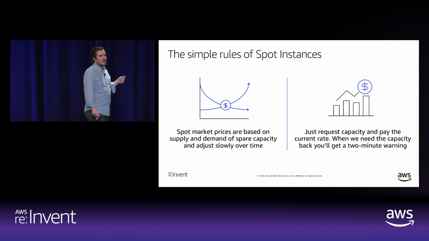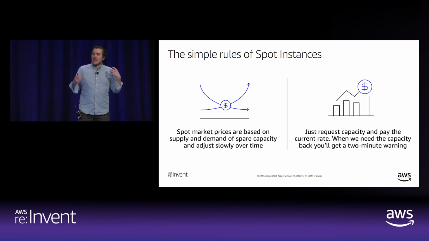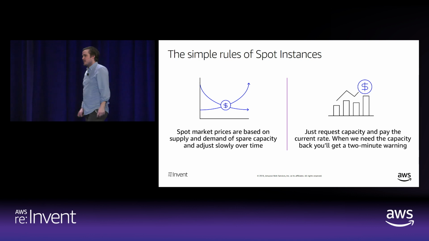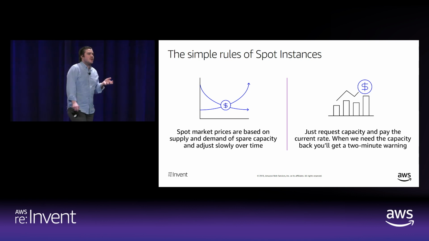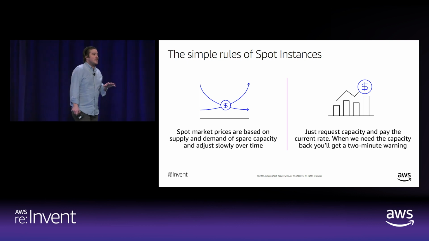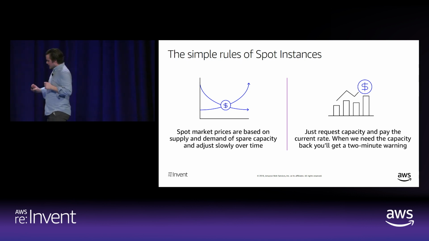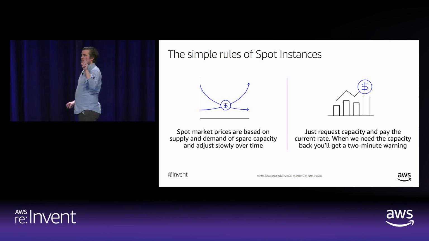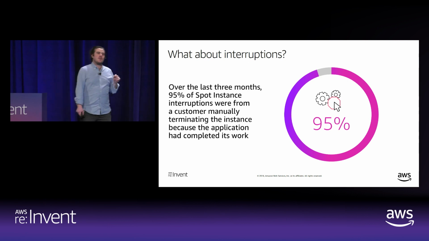So one spot customer cannot kick out another spot customer. You just request, and we give it to you if it's available at up to 90% off the on-demand price. And I keep saying up to. The reality is you're going to save in the range of 70 to 90% pretty consistently with spot instances over the price of on-demand. And again, we do give you that 2-minute warning when we need to take it back off you. Okay, another big point.